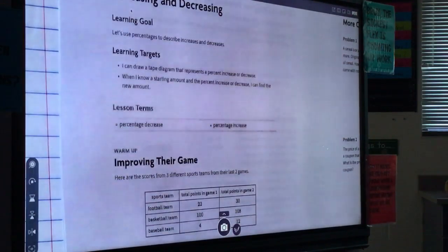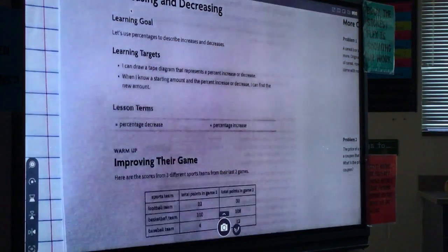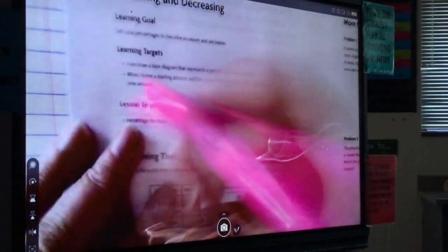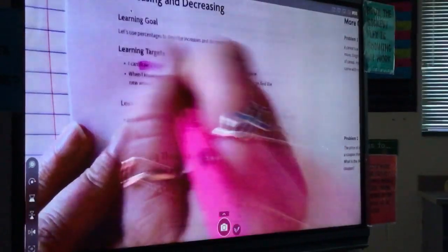All right, so our learning goal is let's use percentages to describe increases and decreases. Our learning target is I can draw a tape diagram that represents a percent increase or decrease. So yes, you are going to be drawing tape diagrams.